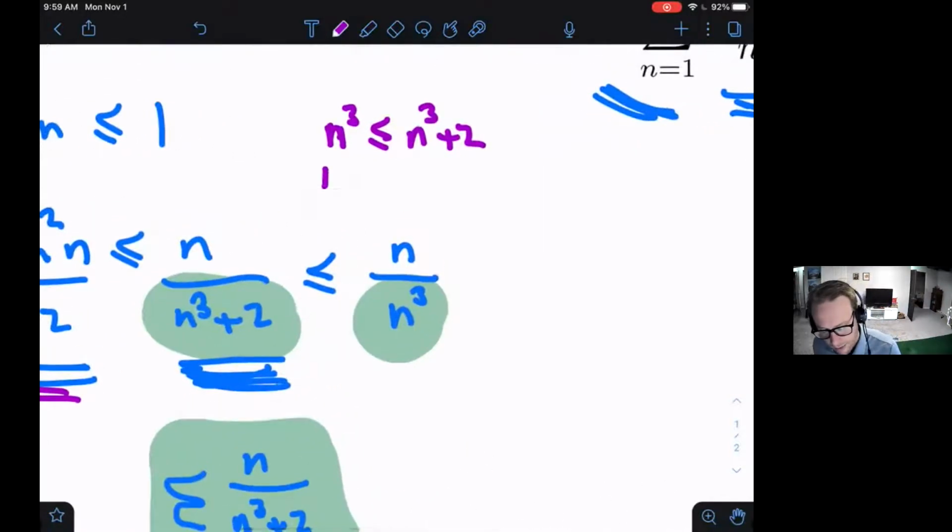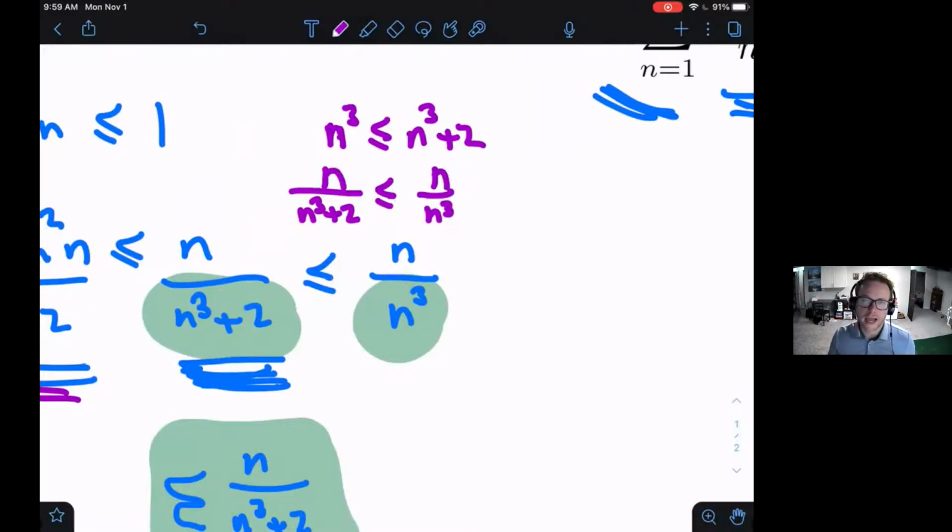So I'm going to go ahead and flip these. And that's why this is true. Now you can just multiply through by n on the top, and you get exactly my statement from below. So, okay, we can just leave this here.